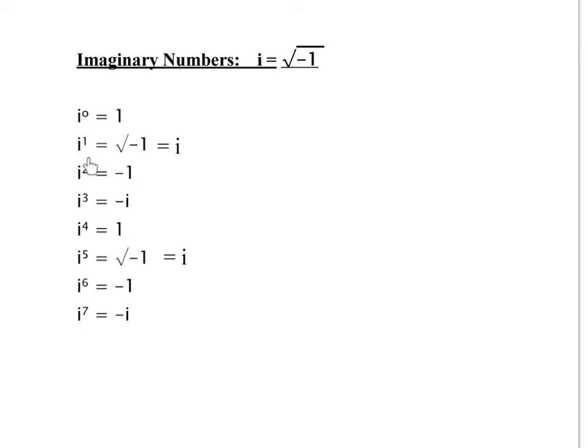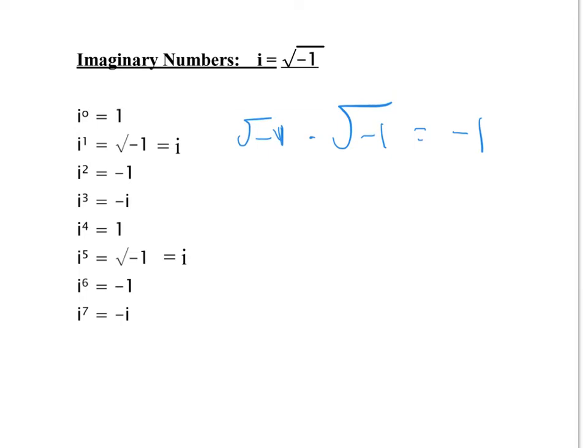Any number to the first power is itself. i squared is equal to negative 1 because the square root of negative 1 times the square root of negative 1 is going to equal negative 1. So i squared is equal to negative 1.